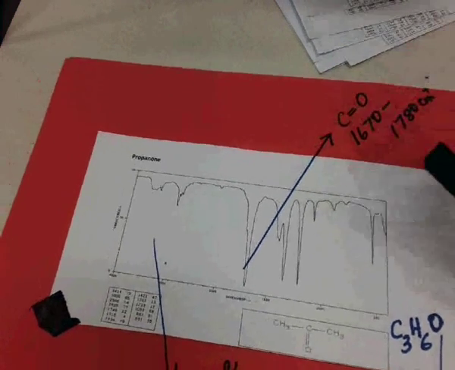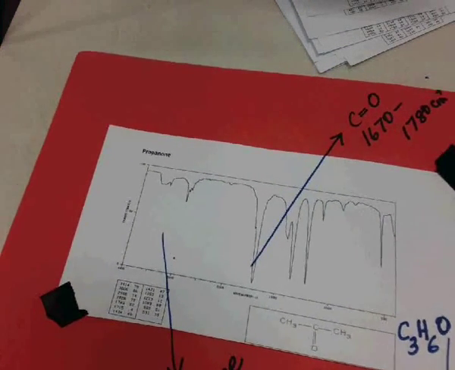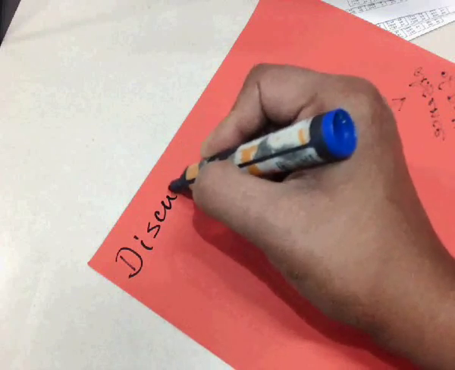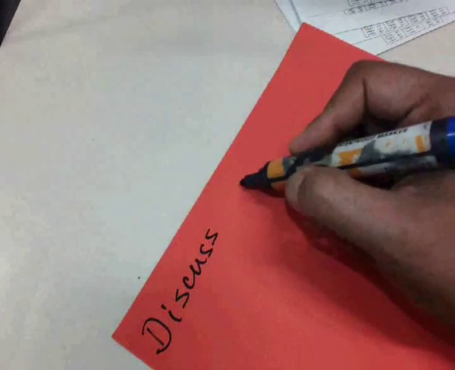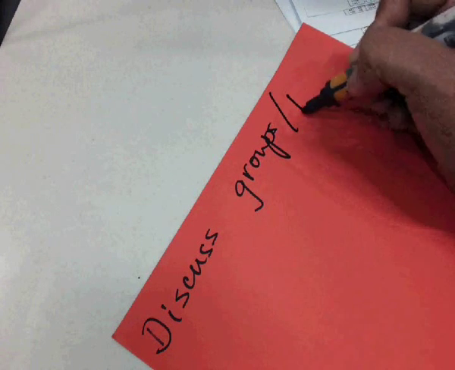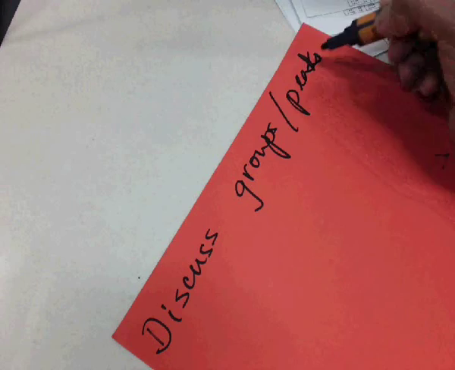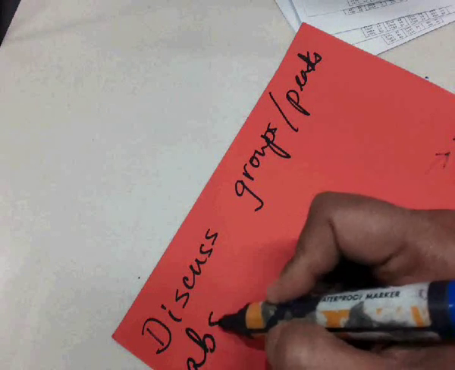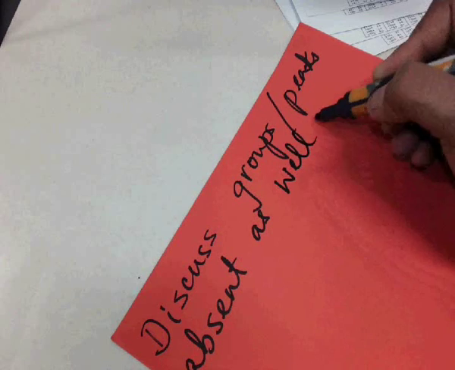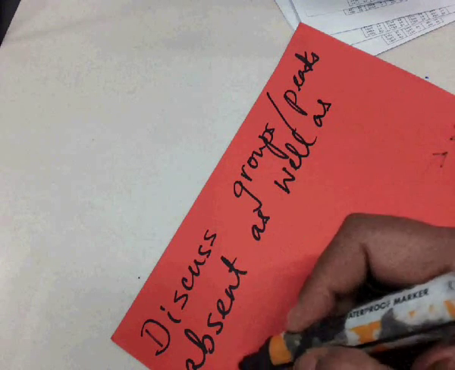So when you're writing the answer, all I'm going to do is need to talk about the groups that are absent. So you must discuss groups or peaks that are absent as well as the ones that are present.